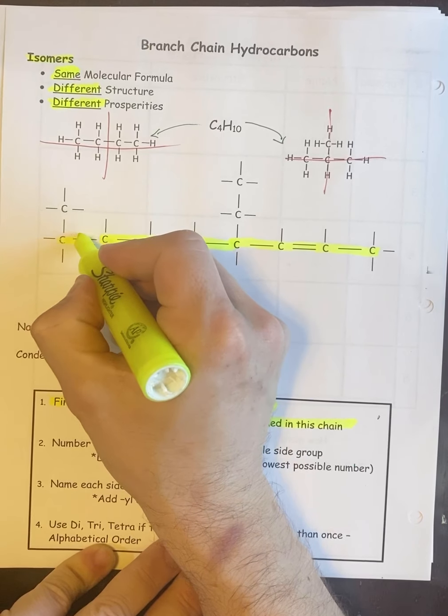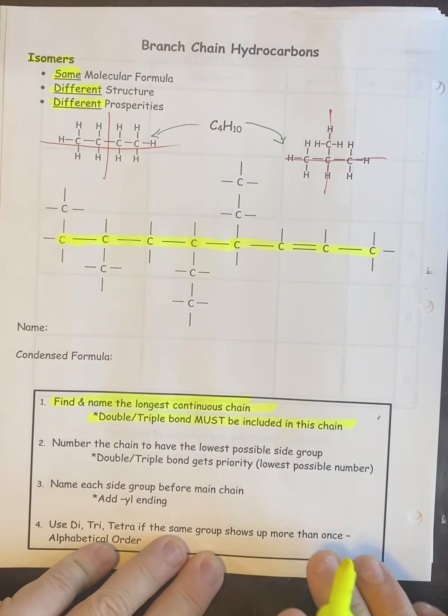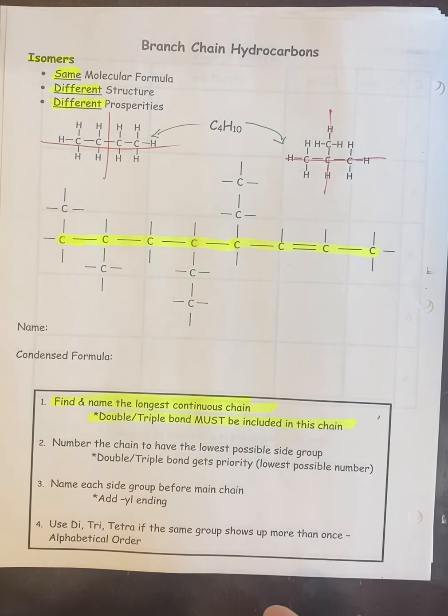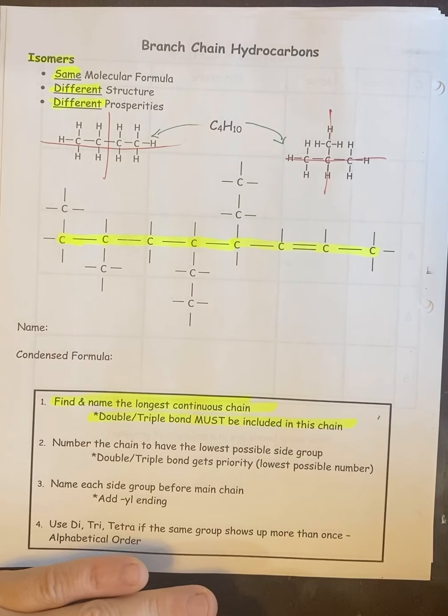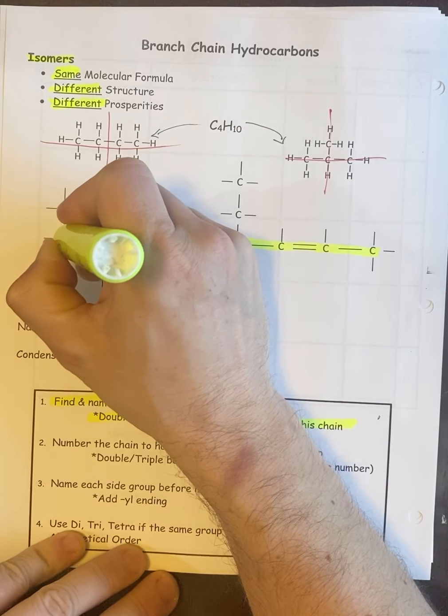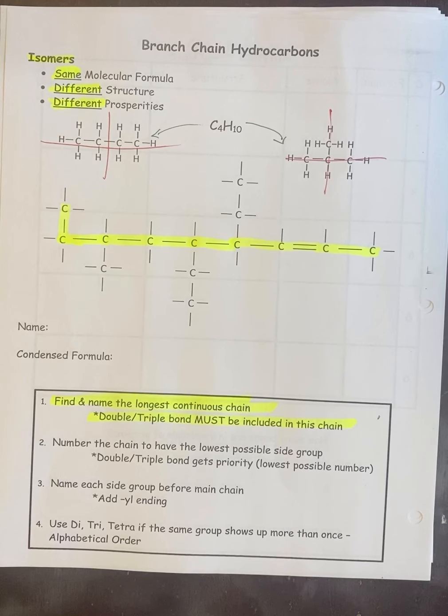And so I keep going, and then is that the longest continuous chain? And the answer is no, it's not. The longest continuous chain would mean there. So the way you figure it out is you've got to find the longest linkage of carbons in a row in the molecule, and you can't double back. So you can make a turn, okay, but you can't go backwards.